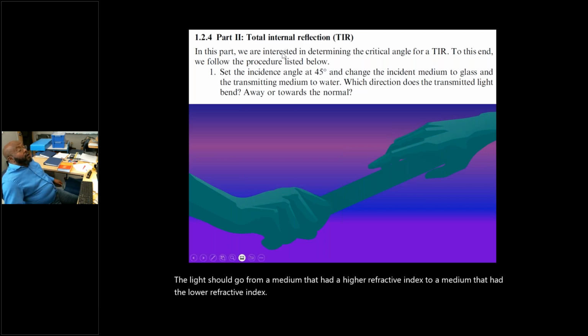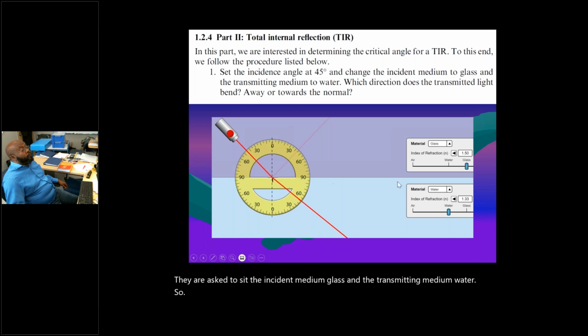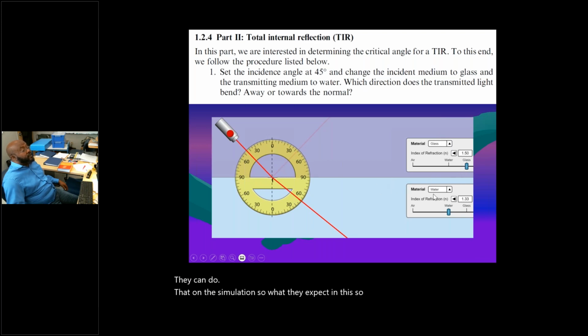So they are asked to set, using the simulation, the incident medium to glass and the transmitting medium to water. So they can do that on the simulation. So what they expect is this. So that's glass, that's water.